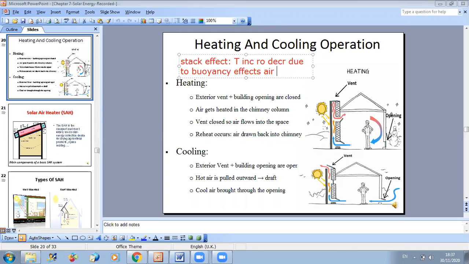What we are explaining now is mainly the stack effect, and when you use a solar chimney, it's mainly based on the stack effect. When you have wind, you can then rely on Bernoulli, because due to pressure difference, you just open your windows, and by opening your windows, air will circulate due to pressure differences.